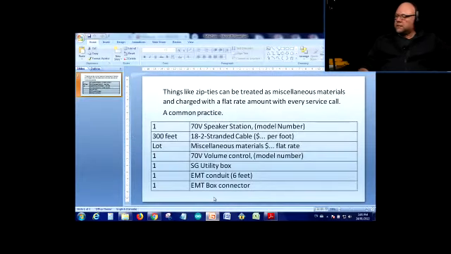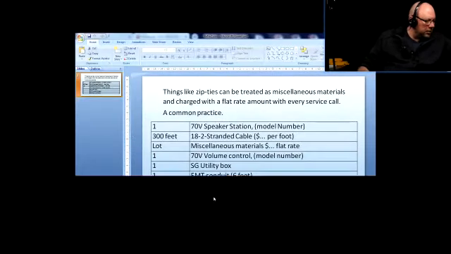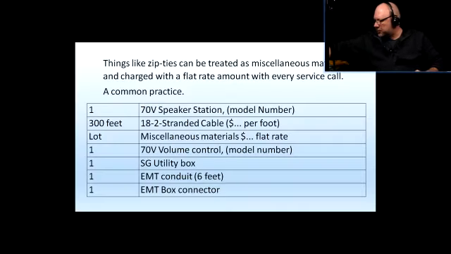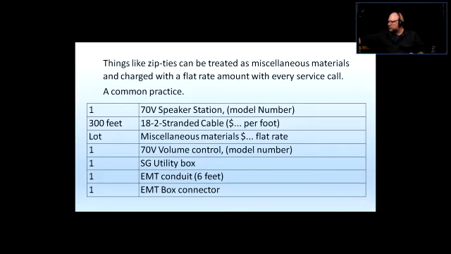Okay, so a little reflection on the lab reports. I'm going to give you some suggestions once in a while. It's a common practice, and I'll give you the example here. What do they write here? Things like zip ties, screws, tape, electrical tape, or other small things.